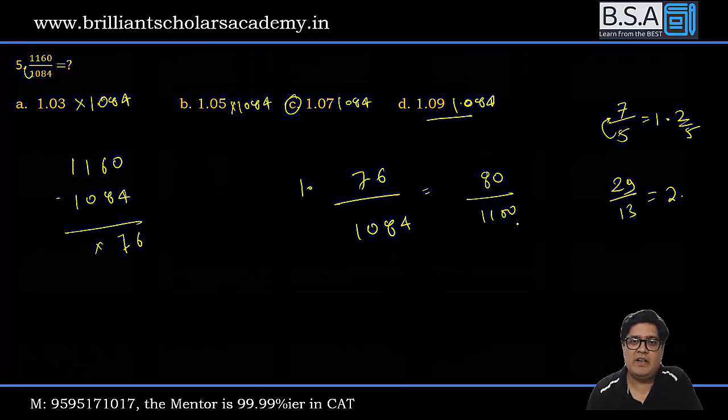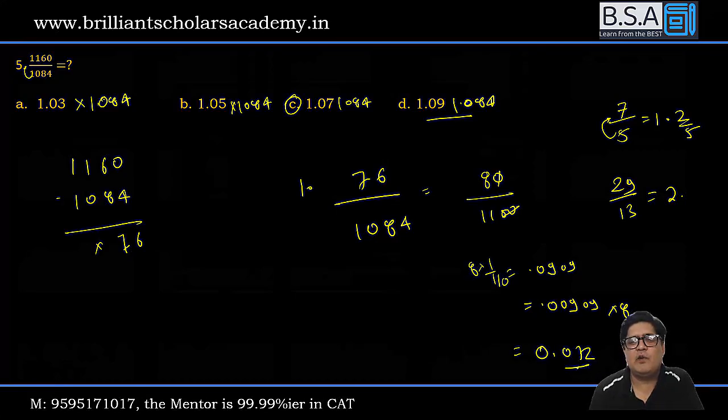One of the zeros is gone. So 1 upon 11 is 0.0909. So 1 upon 110 is 0.00909. Make it 8 times. That gives 0.072 something. So that is 1.072 something.